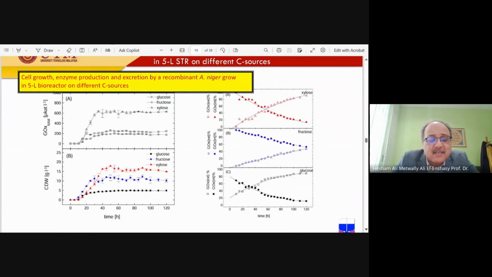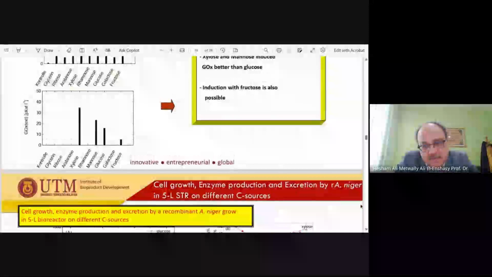When we study the excretion, because the morphology is different here even though I just changed the carbon source, fructose makes strong biopellets, which limits the production of glucose oxidase. I see xylose has better excretion, almost like glucose in the culture media, better than fructose, where intracellular and extracellular reach about 50-50 after about 120 hours of cultivation.